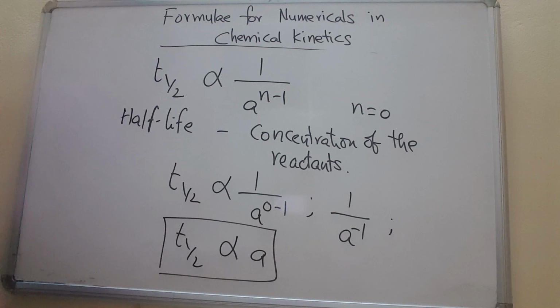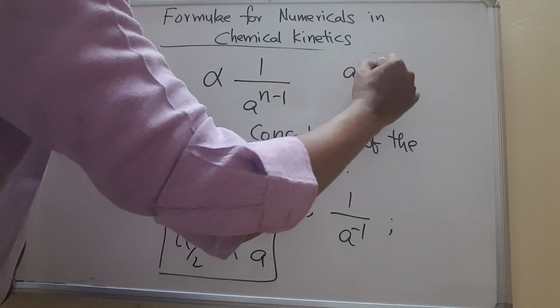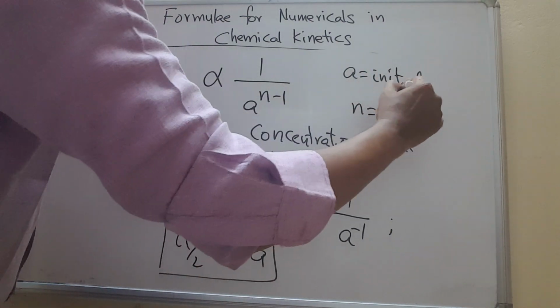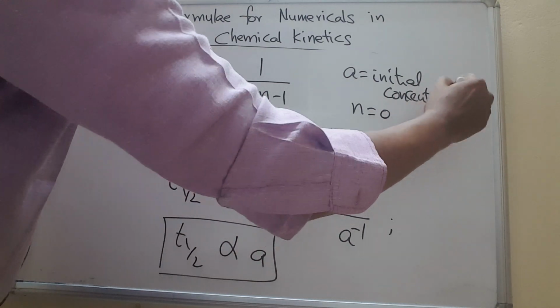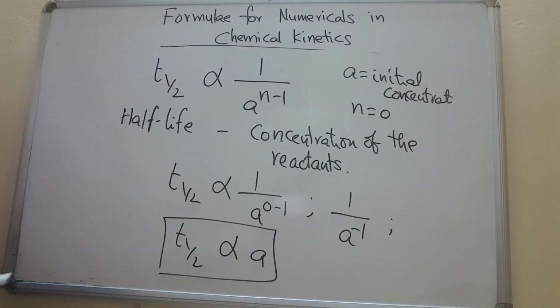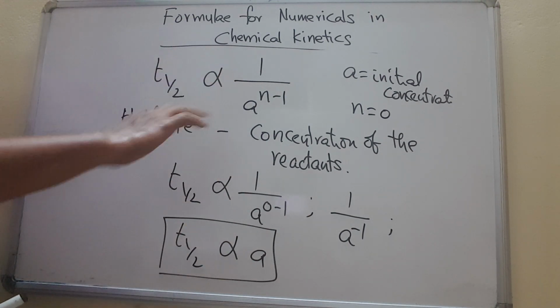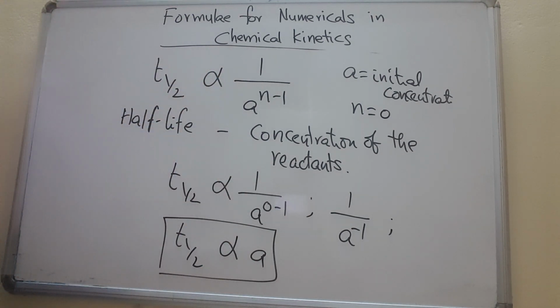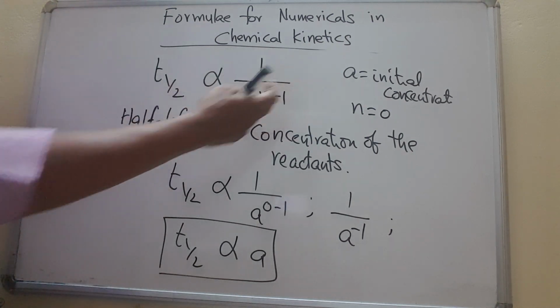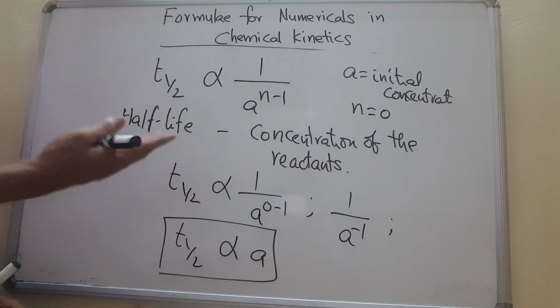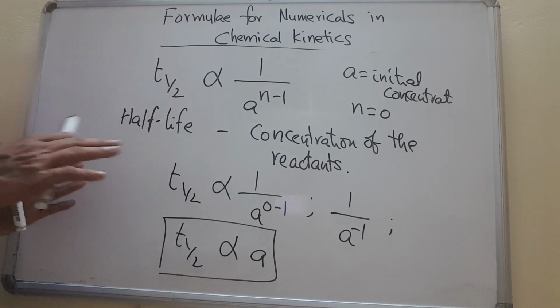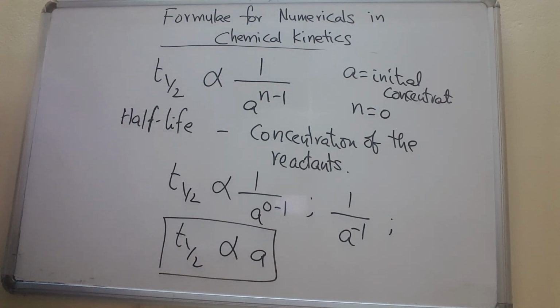That means the half-life of a zero order reaction is directly proportional to the initial concentration, where a is the initial concentration. If we substitute n equal to 1, what is the relation between initial concentration and half-life? n equal to 1 means 1 minus 1, a power 0, that is 1. That means for a first order reaction, the half-life does not depend upon the concentration of the reactants. It is a very, very important relation.